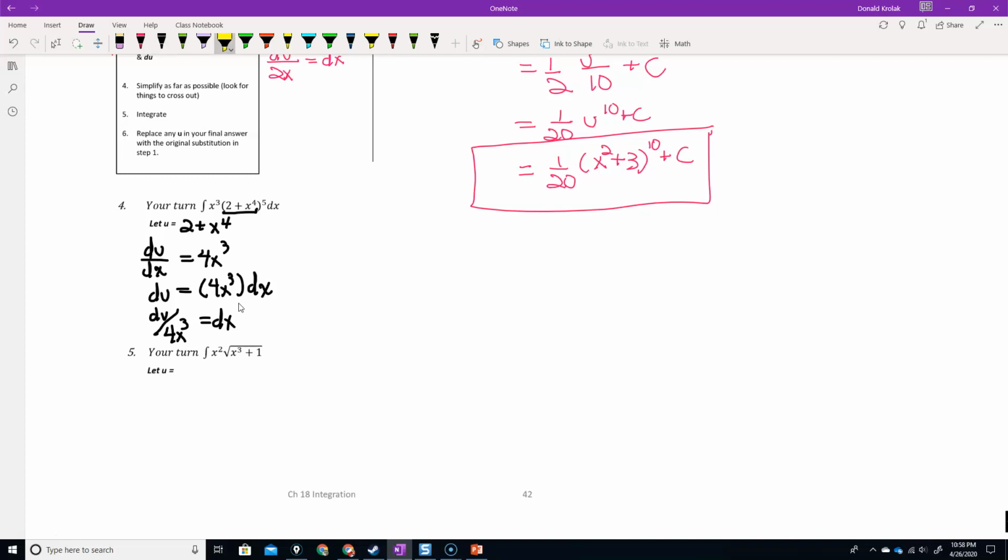Later on, we're going to substitute that in for dx. Now we're going to rewrite our integral using u. And instead of dx, I'm going to put in du divided by 4x cubed.